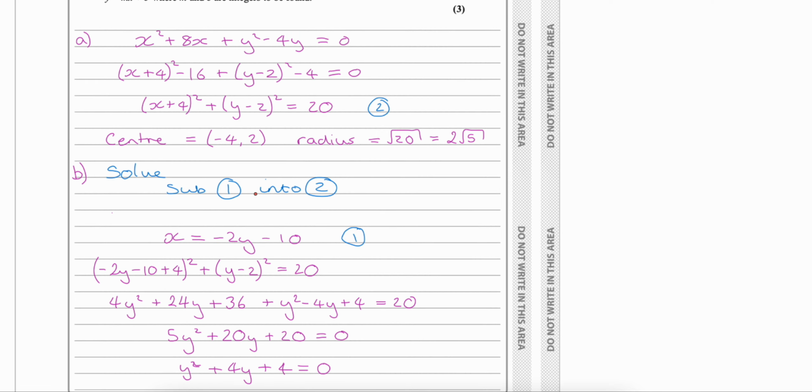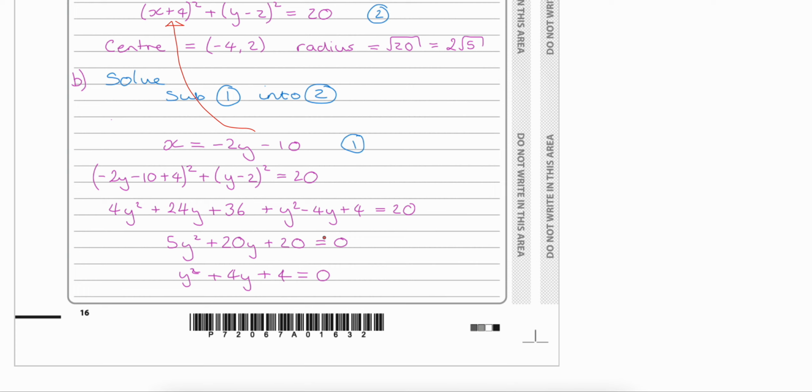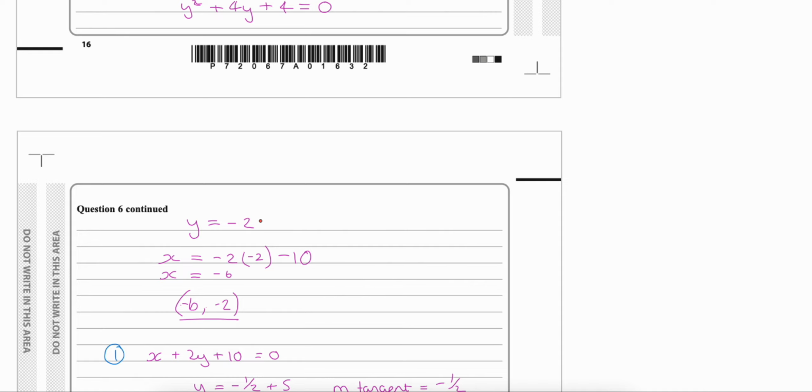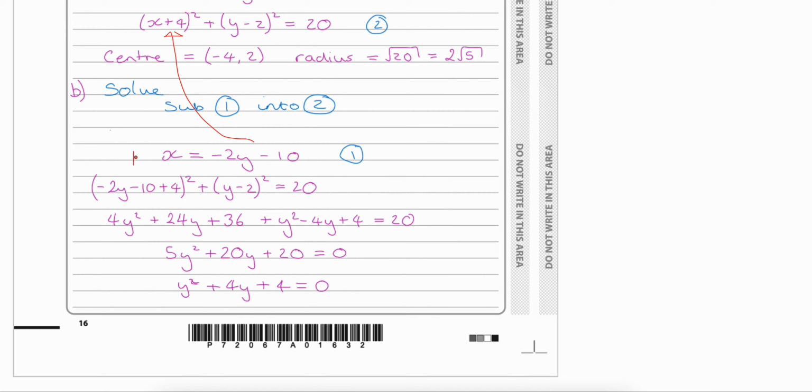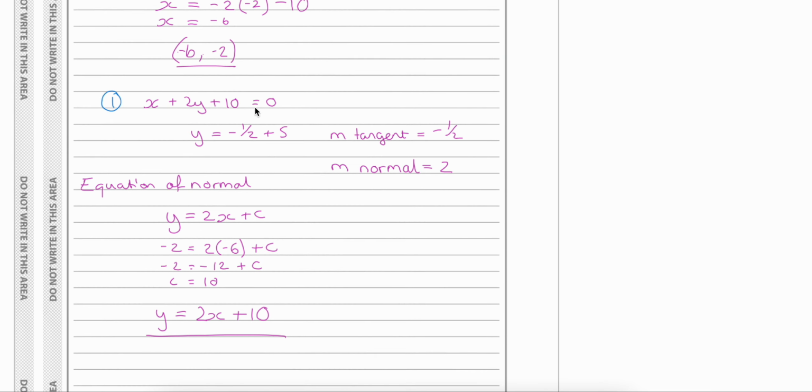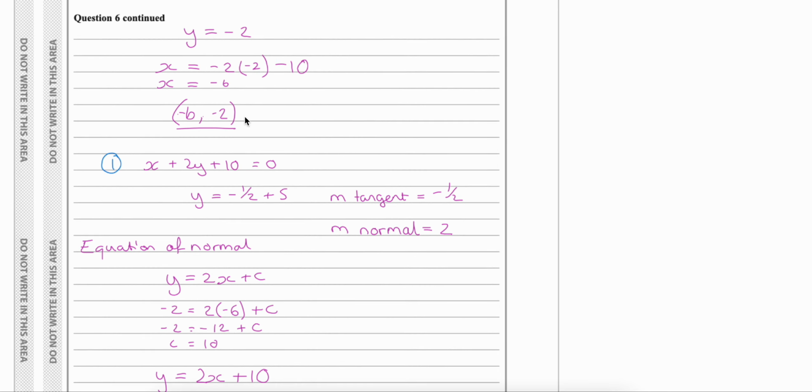If we substitute this equation into here for x and simplify it, we will get a quadratic in y, which simplifies down and factorizes to give you y is minus 2. Inserting that back into equation 1 here will give you x is minus 6. So again, that gives you the coordinates.